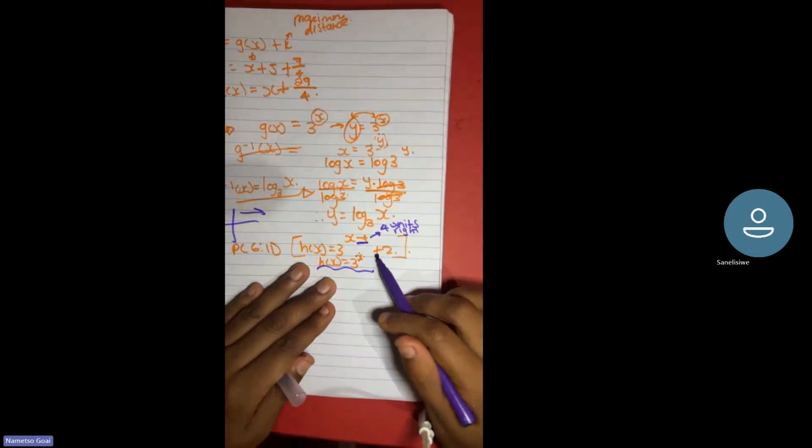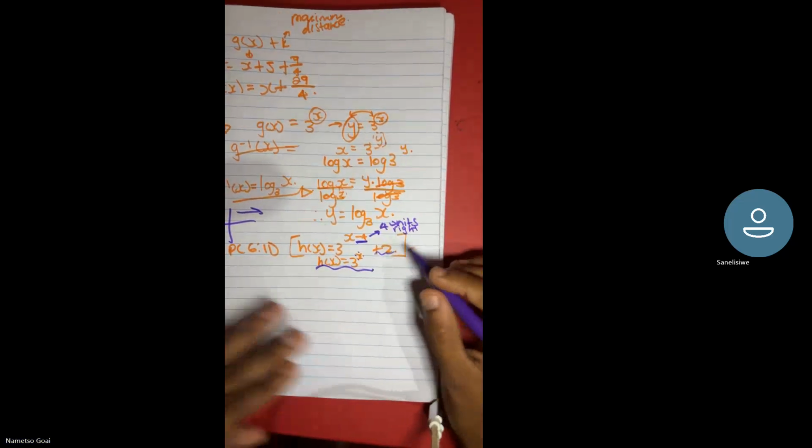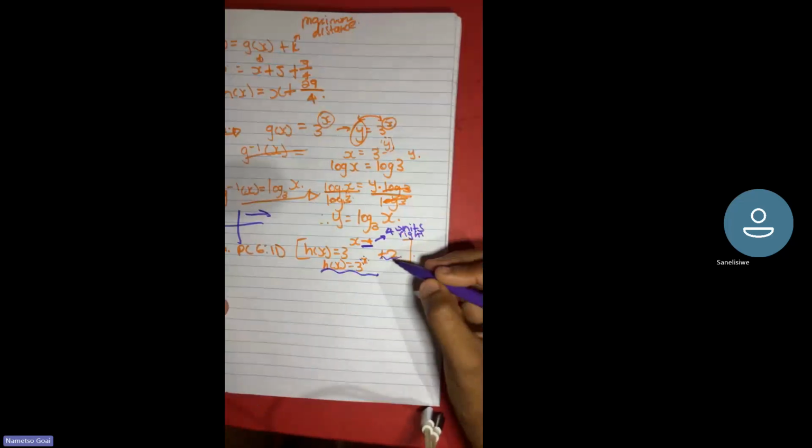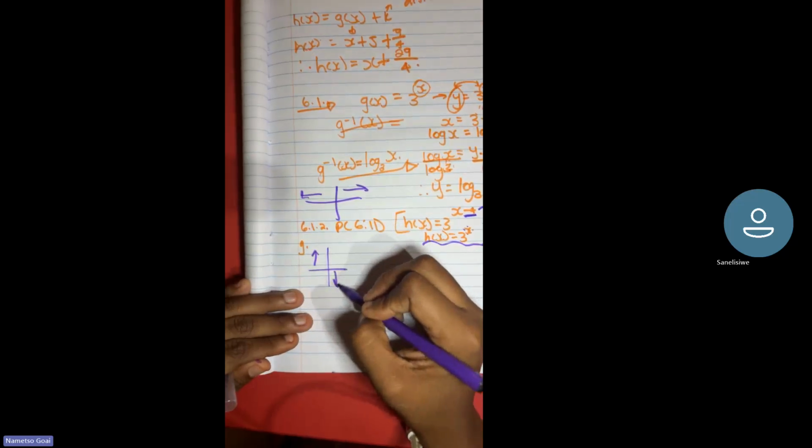But once we start having constants over here, like plus 2, plus 3, plus whatever, it means that now it's showing a shift either up or down. And this plus 2 shows a 2 unit shift upward. So they shifted this graph 4 units to the right and 2 units upward. Do you guys get that?